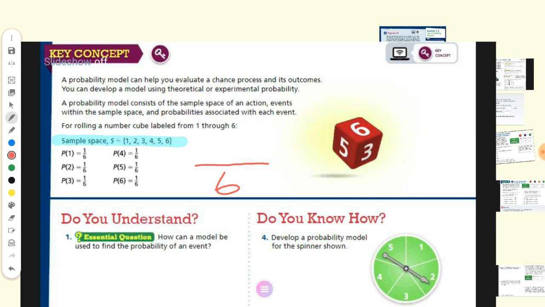What is the probability of 1? It's 1 over 6, because 1 appears only one time. What is the probability of 2? 1 over 6. 3, 4, 5, 6 are all equal, 1 over 6. So I write the sample space, then the probability of the samples. This is called a probability model. Okay, so let's take the first example.